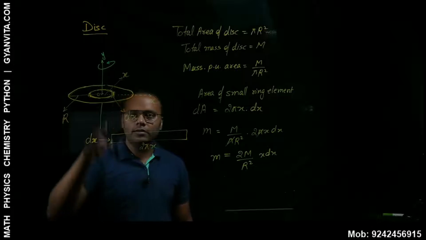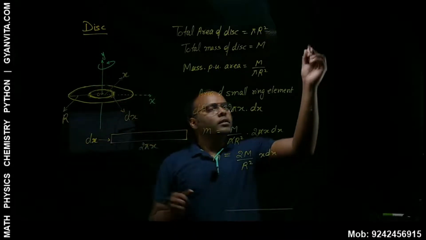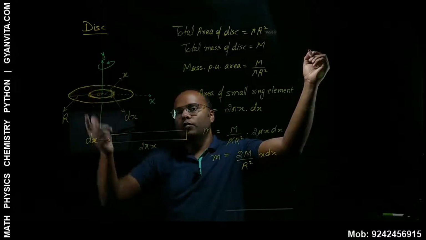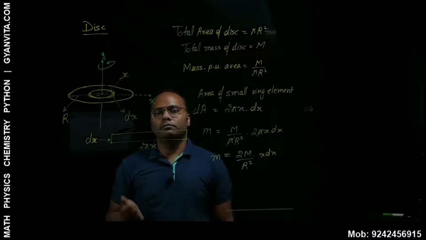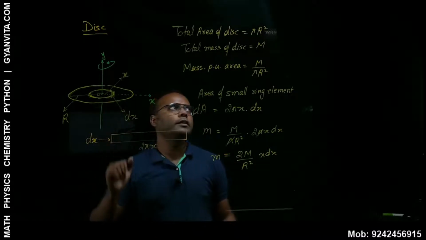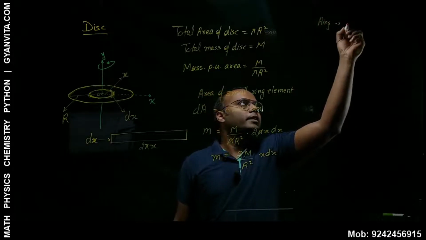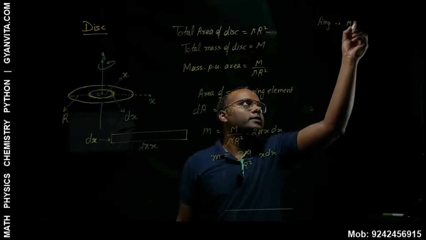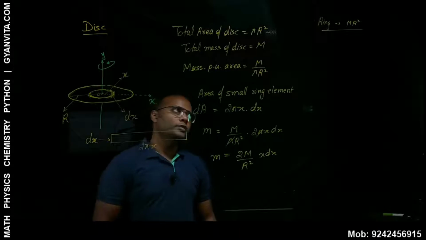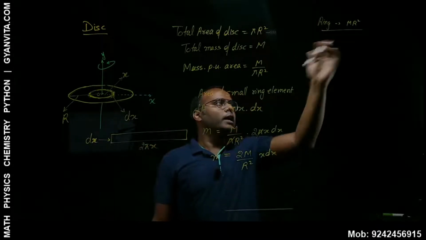I think we already know that for the ring, about the main axis, the moment of inertia is equal to total mass into r square. This we have derived in the previous class, right? So the same thing I am going to write here. Only thing is the mass and radius will be different here.